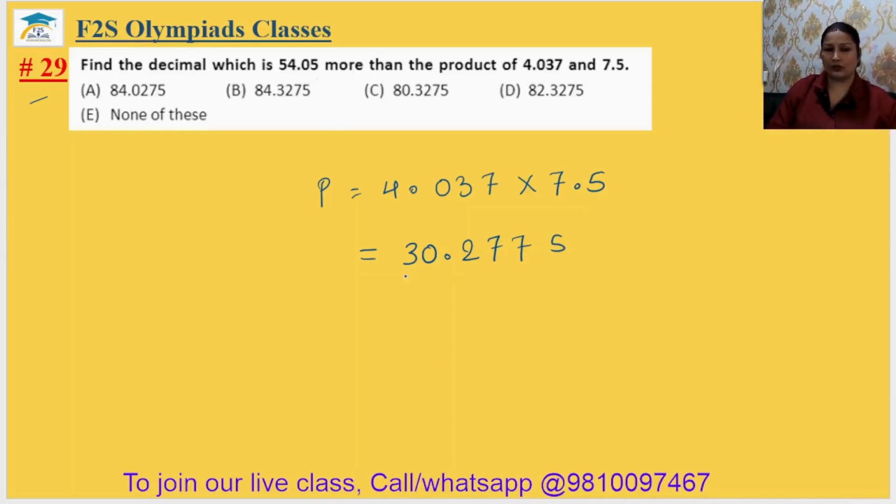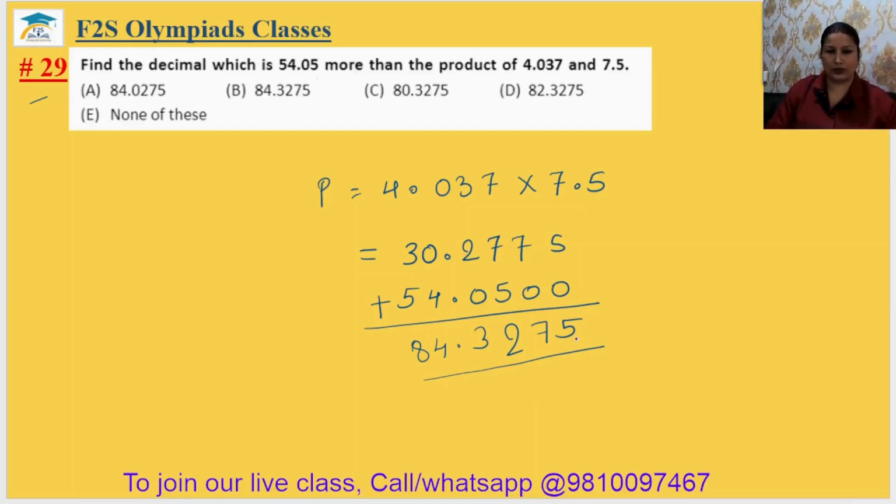More than this, when we add 54.05, to make it like decimal, we will put 20 here, and after adding we will get 84.3275. It is in option number B. 29th answer will be option B.